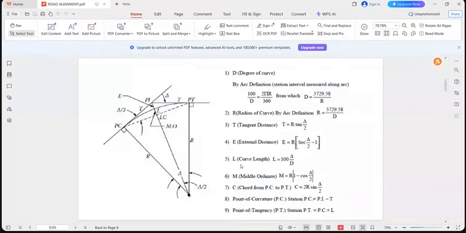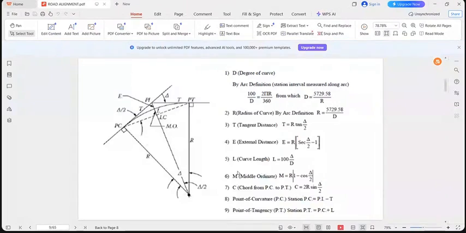And you have the curve length, which goes this way. This is L. We have also the M, from here to here, known as the middle ordinate. All these elements are the elements of a horizontal curve.